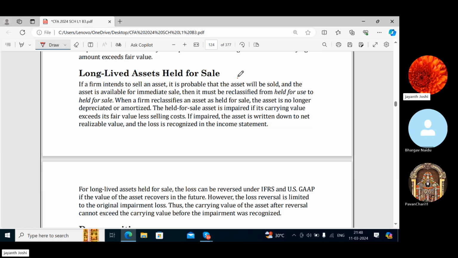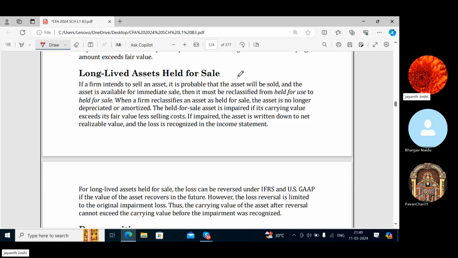If you have that intention, whatever asset you want to sell, you have to put it in the asset held for sale category, so that in the future there cannot be any surprising element. Otherwise there will be a question from the shareholders: why did you not disclose this in the past, and why did you suddenly sell it?